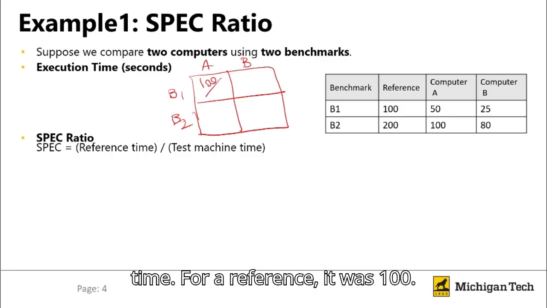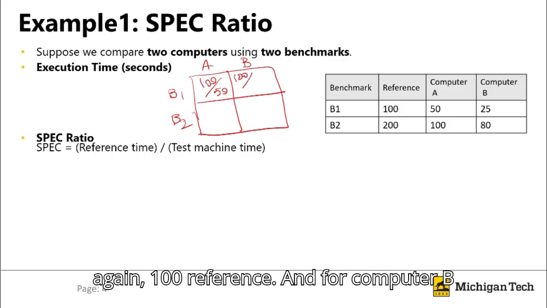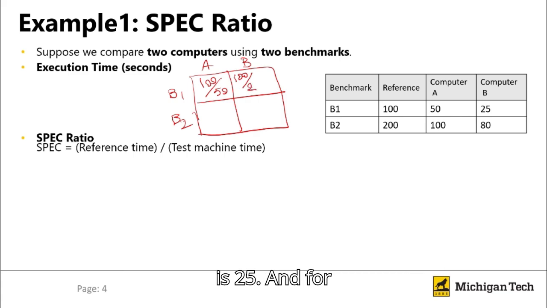For benchmark 1, the reference was 100, and for computer A it is 50, and for computer B it is 25. For benchmark 2, it is 200 divided by 100, and 200 divided by 25.